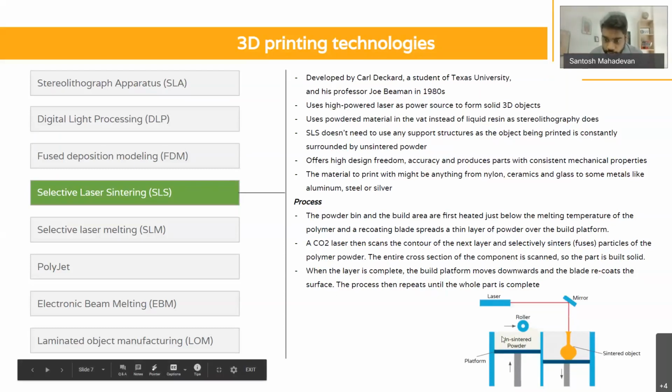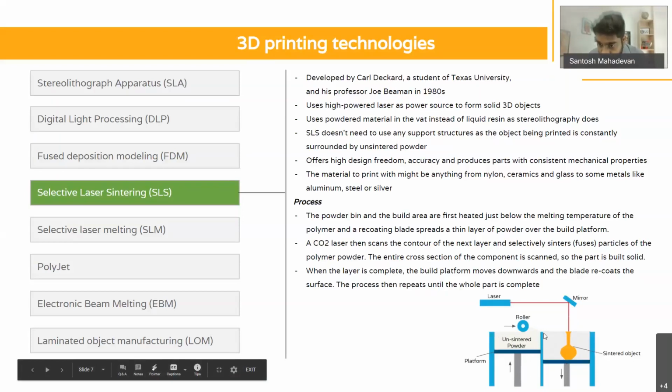Now in this platform, you have the powder, and this platform moves up the height of one layer. So naturally, at this surface, a volume of powder equal to that height is going to get displaced.